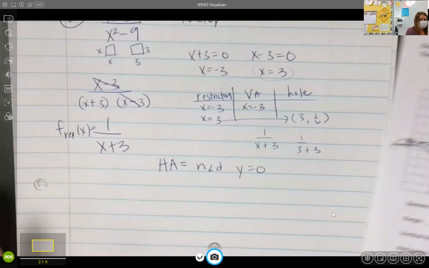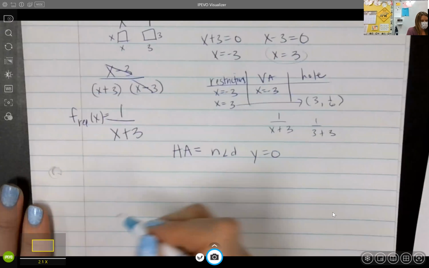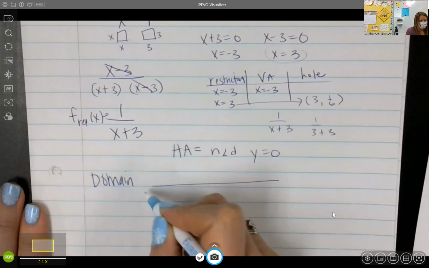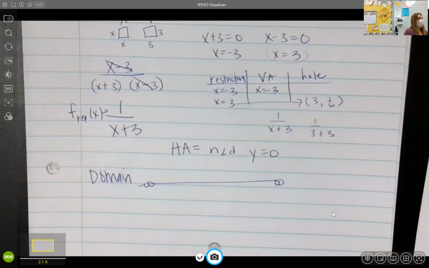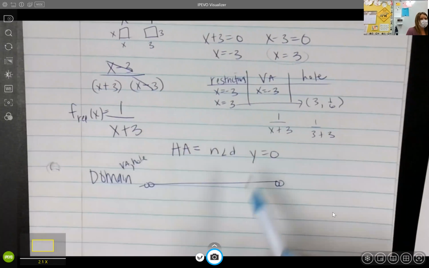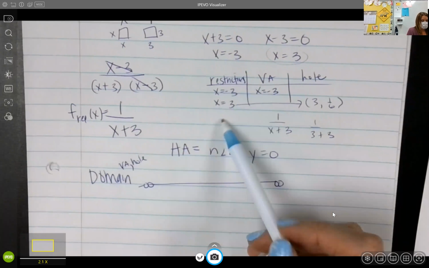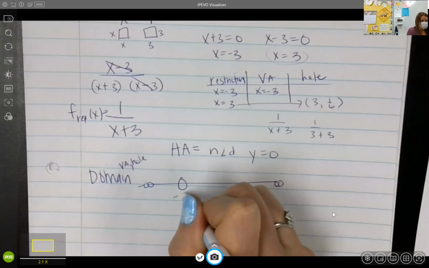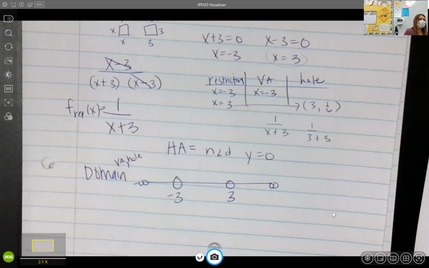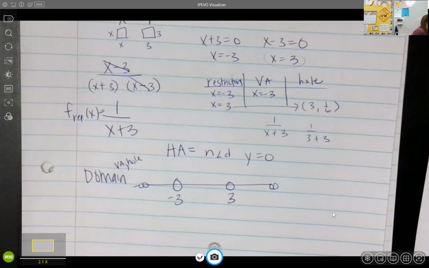Let's do domain. Okay, what values have a vertical asymptote or a hole? Well, it's the same thing that you got for your restrictions, right? So it can't be negative 3 and it can't be positive 3. But it can be anything else. So write your domain.